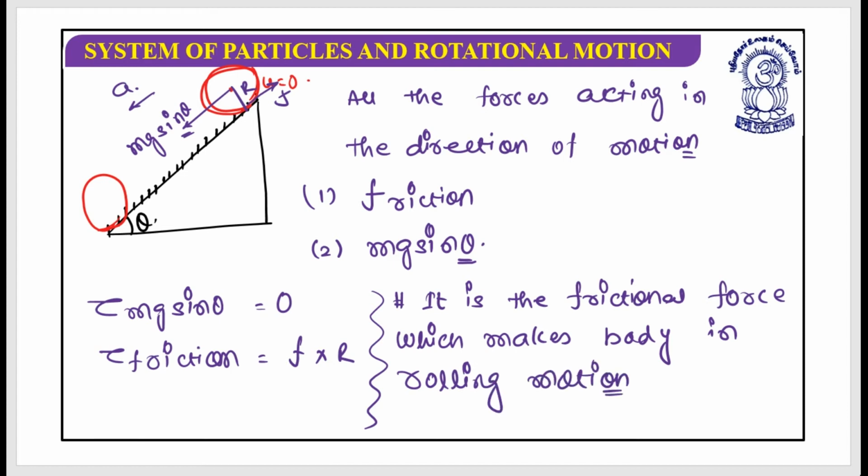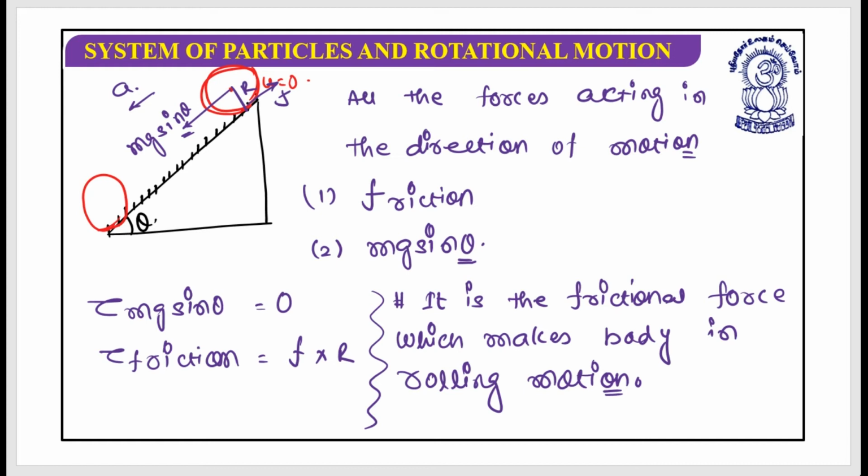Yes, because when I say it is rolling, I must understand that it must have a translatory motion, and it must have a rotational motion. So if friction is there, rotation is possible, and such rolling is possible. If no friction is there, no one would be there to provide the torque. And if no one would be there to provide the torque, do you understand?